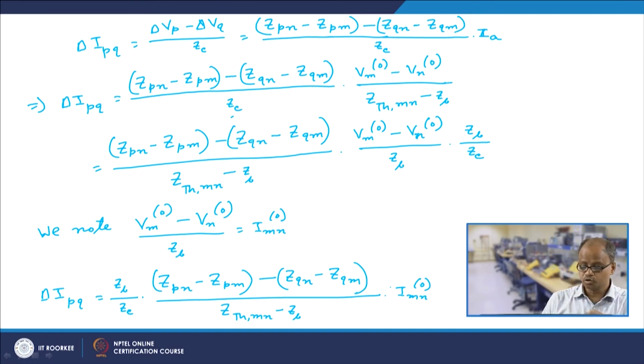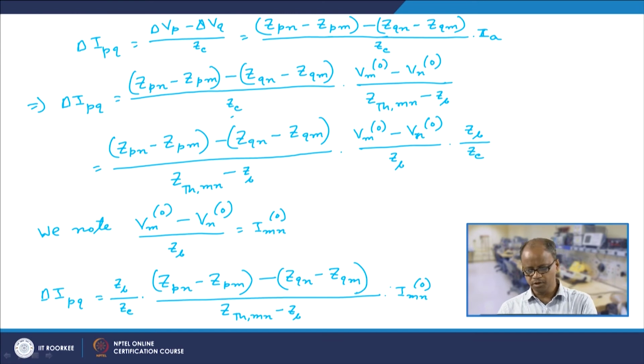So, then therefore, the change in the line current over the line PQ with respect to the original current flow over the line mn, and the line mn is the line which is actually experiencing the outage.